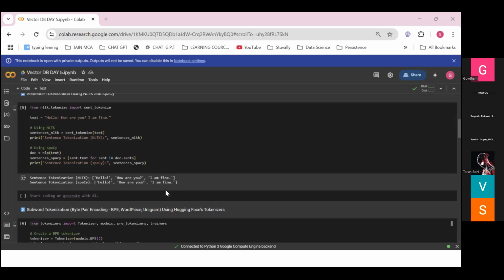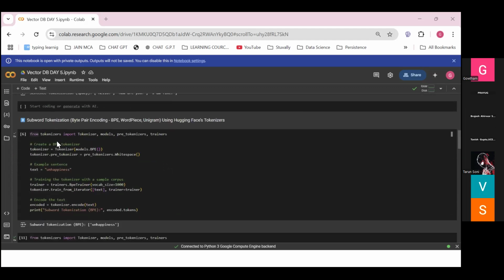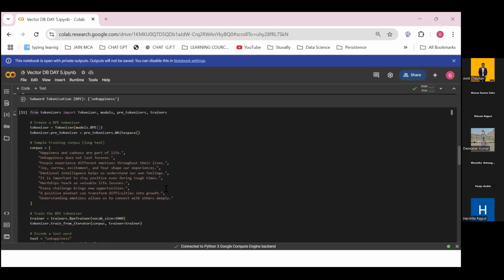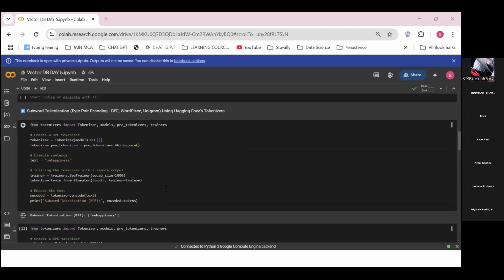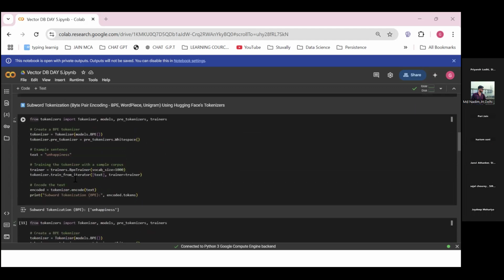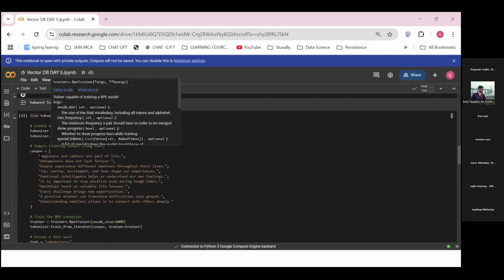Okay. And after that, as we saw, subword tokenization using BPE. Here also, if you see the word unhappiness, I'm passing very little text.